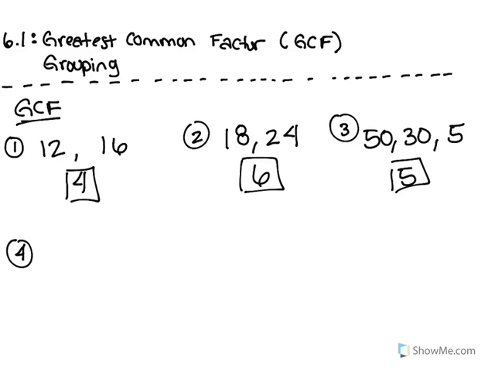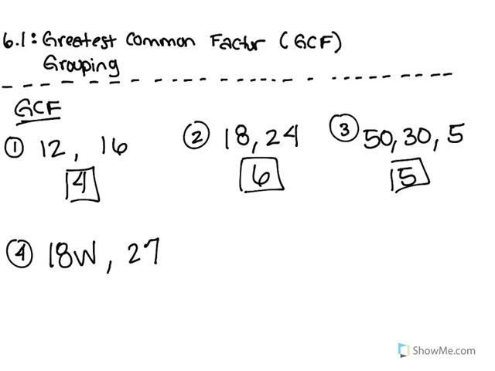Okay. What if I was to put some variables with it? Let's do 18w and 27. What would the GCF be? 9.